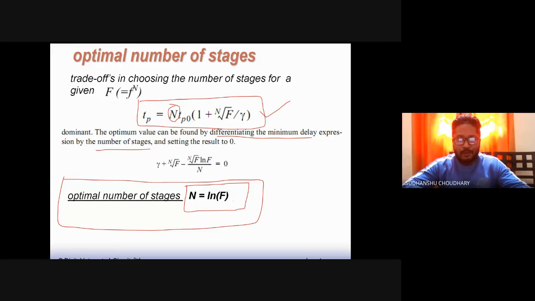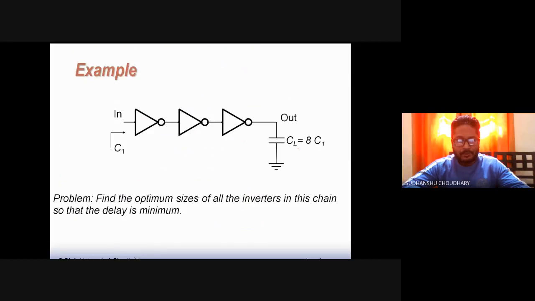Okay. So now let us apply the same concept. We found that the optimum number of stages is n, and the total delay through the chain is this much. So now let us apply this to this inverter chain. Let us say I have a chain of inverters, and CL is given to me. CL is 8 times C1. C1 appears at this point, which is the gate capacitance of inverter number 1.